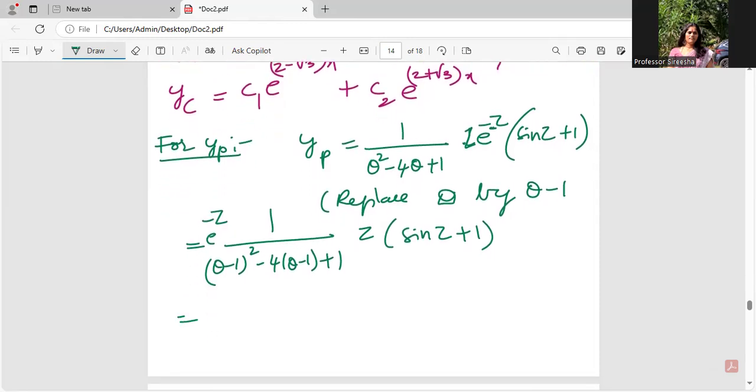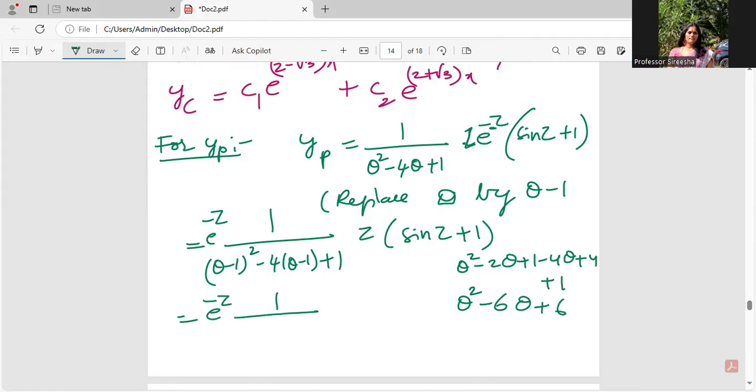Let us simplify it. Theta squared minus 2 theta plus 1 minus 4 theta plus 4 plus 1 is what I will have. So finally, it would be theta squared minus 2 theta minus 4 theta is 6 theta, and then 4 plus 1 would be 6. So in the denominator, e power minus z by 1 plus theta squared minus 6 theta plus 6.